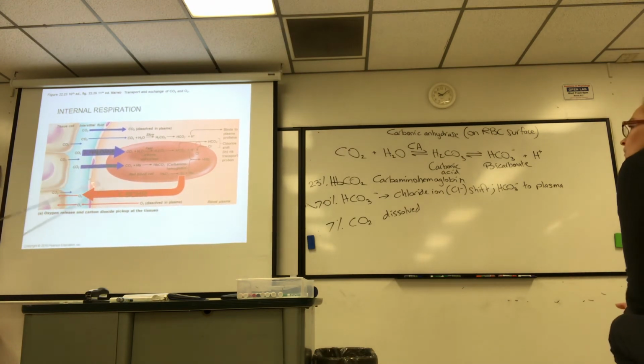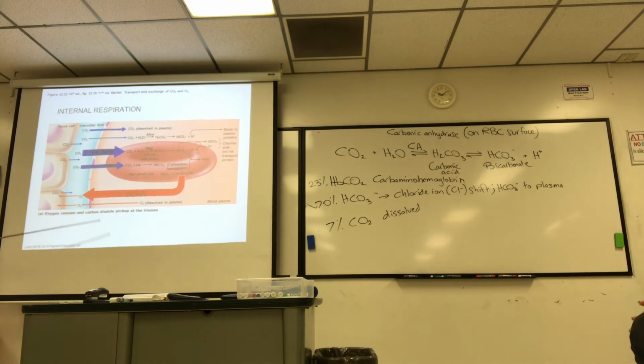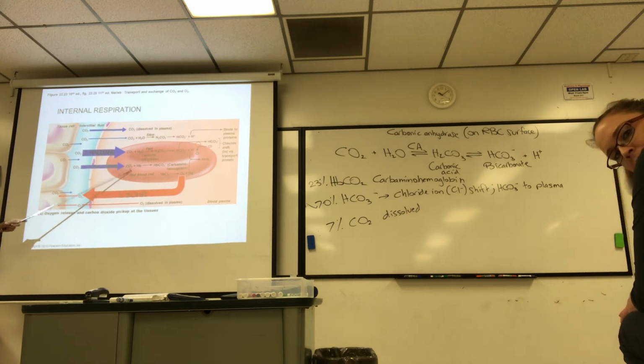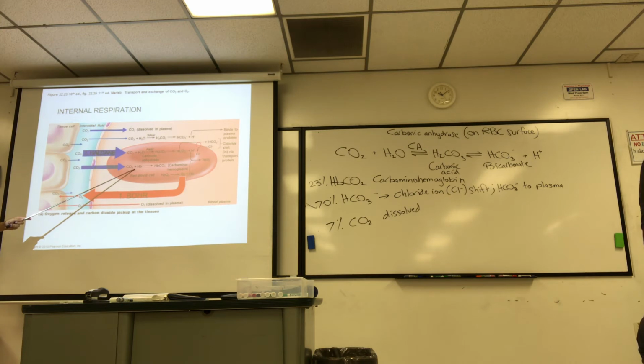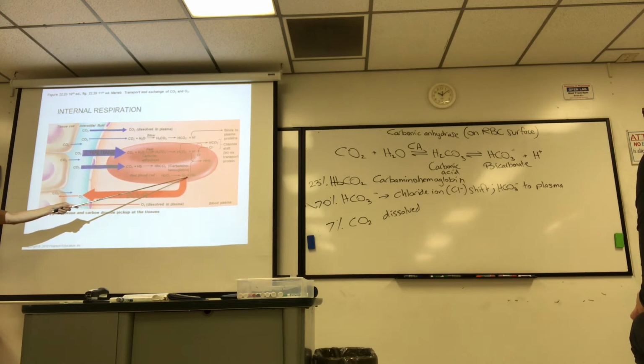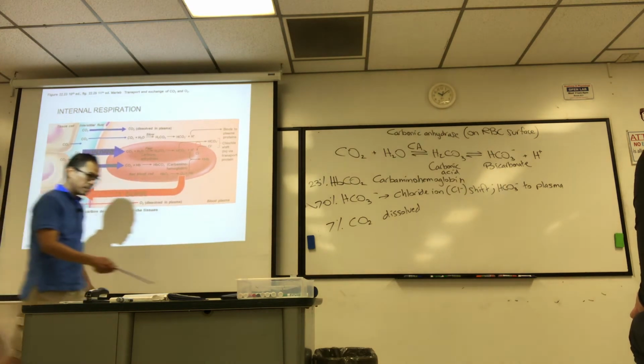Now the reason why I put Bohr number 1, Haldane number 2 is to insinuate that it happens in this order. One way you can transport CO2 is attached to hemoglobin, but that is dependent upon how much you drop off. Let me do it this way.